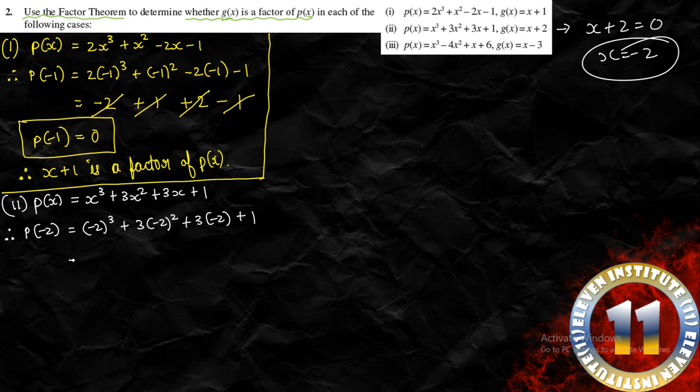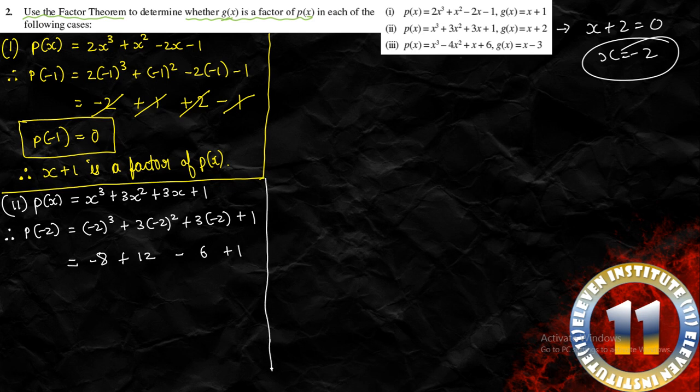Now let us solve this. -2 the whole cube is -8, right? 2 cube is 8, but here the power is odd and the number is negative, so we get a negative answer over here. -2 square is +4 and 4 into 3 will give us 12. So we have plus 12 over here. Plus minus minus, 3 2s are 6 and this plus 1 will remain as it is, right?